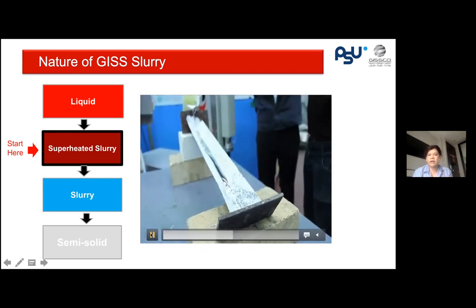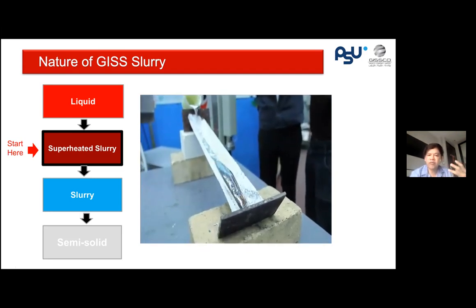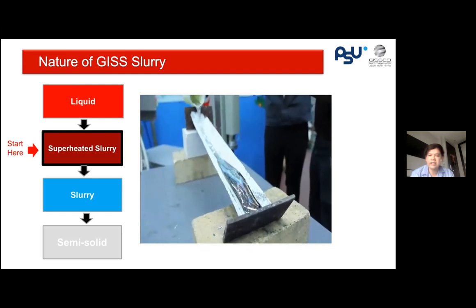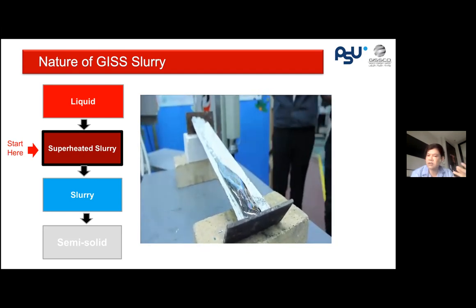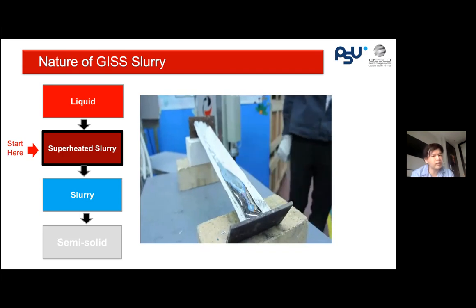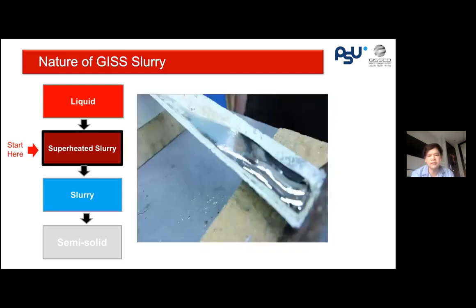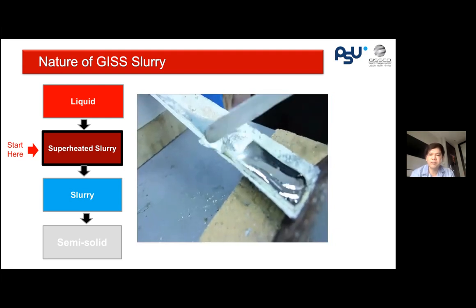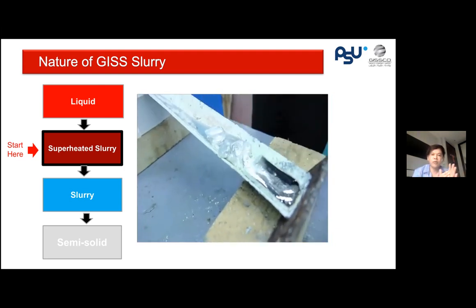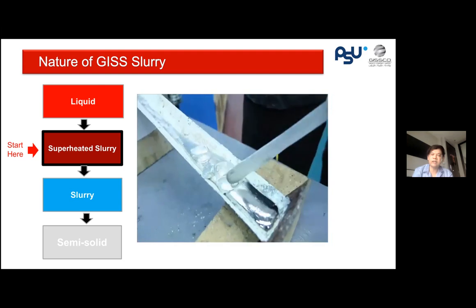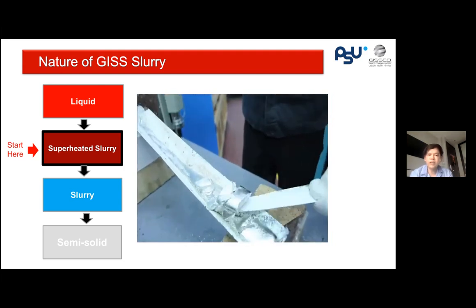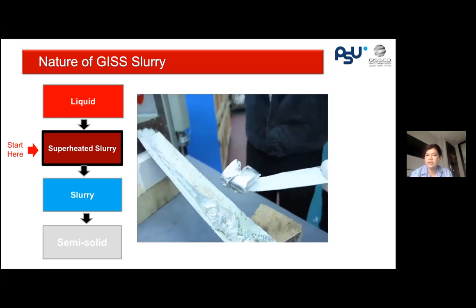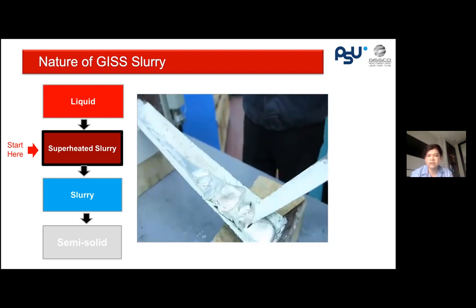But when it cools down, the solid fraction evolves higher and higher so that it becomes more like ice cream, or the solid fraction increases to 40 or 50%. Then we have similar to semi-solid behavior. So we understand the evolution: we can start from superheated slurry, and then eventually it will evolve to semi-solid, and then evolve to solid eventually.